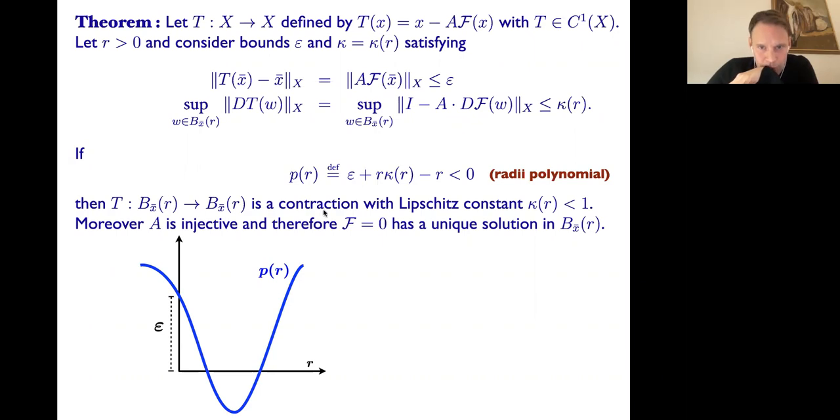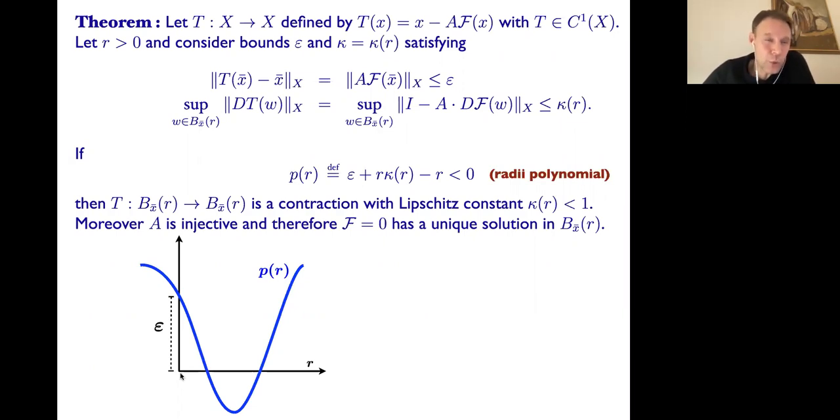Okay, so if you look at this quantity here, when you plug r equal to 0, that's not going to work, right? Because epsilon is not less than 0, unless your numerical approximation was exactly a 0 of F, which is obviously not the case. So this positive number here limits how small you can take your radius.